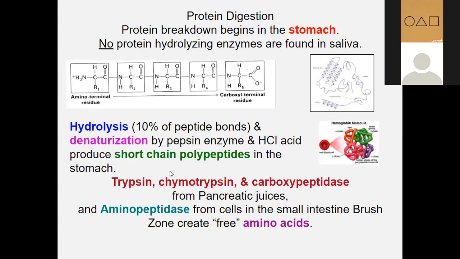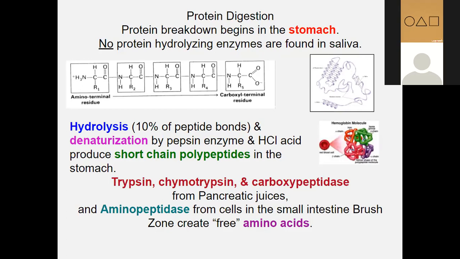So basically, your proteins are digested. It starts in the stomach. So magkakaroon ng denaturation because of the stomach acids. And then you have pepsin also, which breaks down to shorter polypeptide chains. So pagdating mo sa small intestines, you have additional enzymes which break down the polypeptides. So specific siya sa mismong peptide bond.